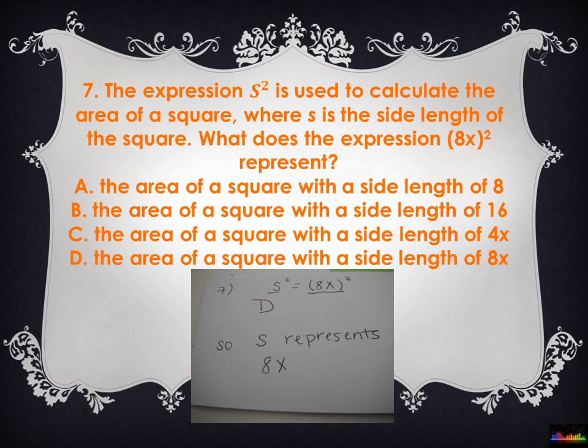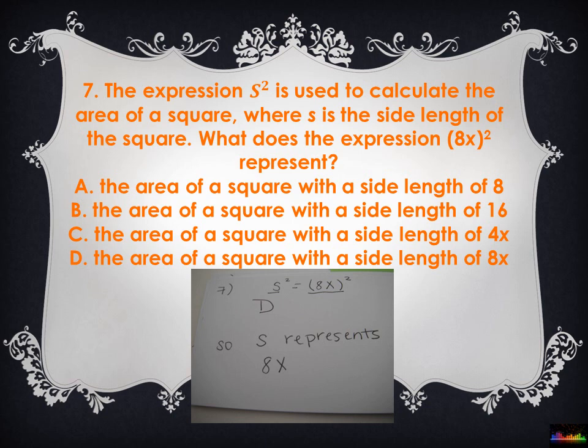This problem tells us that s squared is used to calculate the area of a square, where s is the side length of the square. We know that all sides of a square are the same. So if the area for the square that this problem is referencing is (8x) squared, that means that 8x is essentially your s, or your side length.